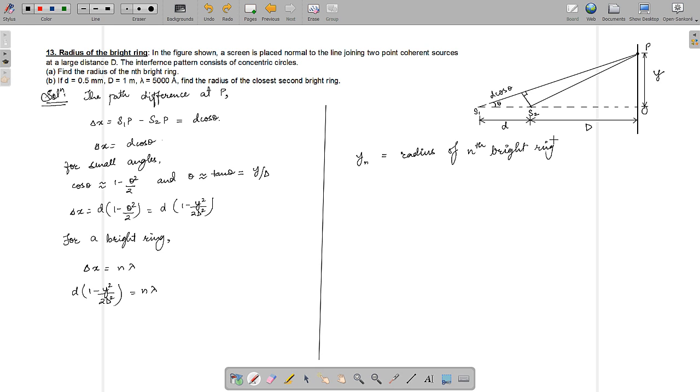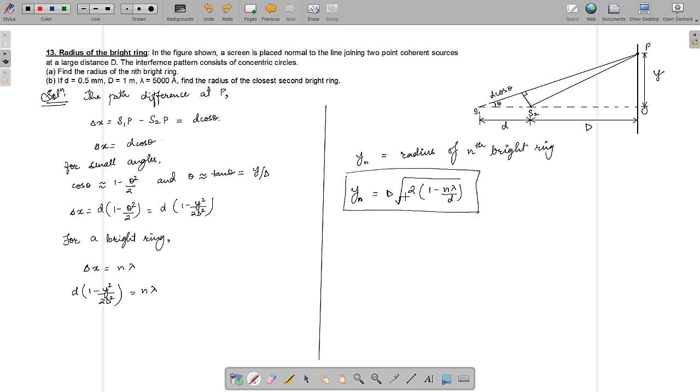Yn is the radius of the nth bright ring, and calculating from here we get yn equal to D into the square root of 2 into 1 minus n lambda by d.